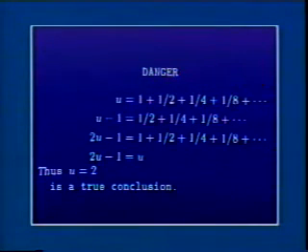And of course, I could play a game here. U minus 1 is a half plus a quarter plus an eighth and so on. Okay? But now what I could do here, oops, there's a parentheses error here, but I could put here 2 times u minus 1 is 1 plus a half plus a quarter plus an eighth. Can I fix that?